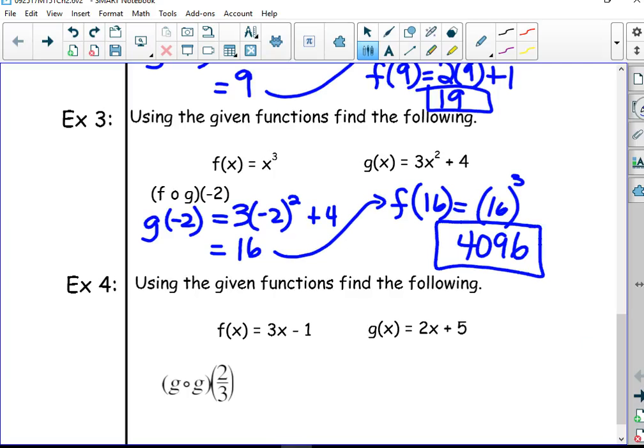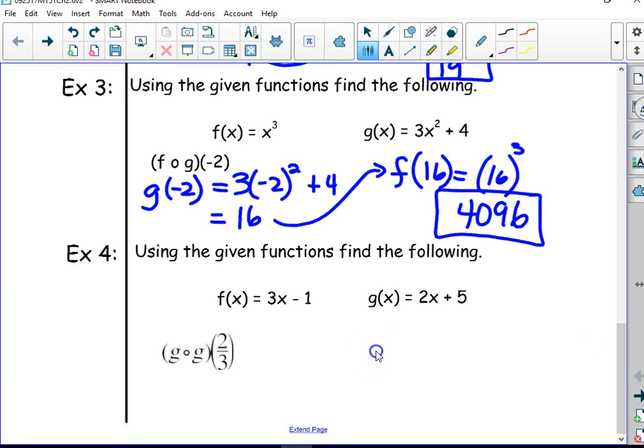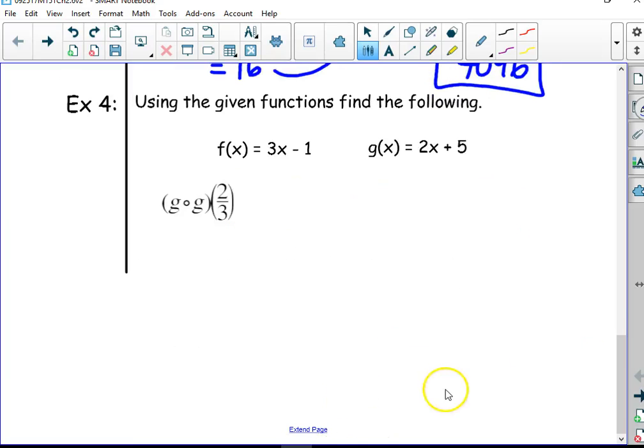Okay, I thought the second one was pretty strange. It's g of g of 2/3. Technically, that's kind of a recursive problem, but we can still do it. Since they're both g, it doesn't really matter which we start with, but the inside function, we're going to start with g of 2/3.